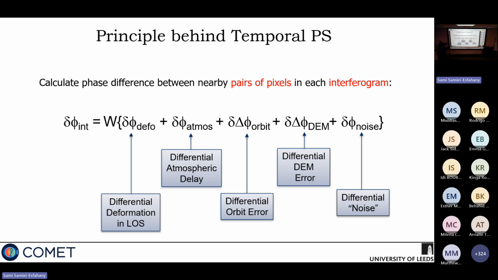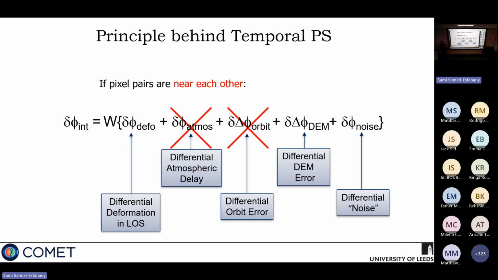Okay, so coming back to this question, how do we isolate the noise? In this approach, the first step is to find pixels close to each other, think of PS pixels, and subtract the phase of each other. By subtracting the phase, you more or less cancel out the atmosphere, because that varies slowly spatially. Points a long way apart have a very different atmosphere, but points very close are very similar.